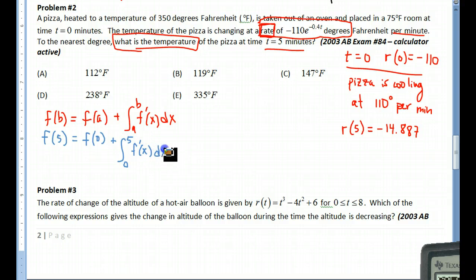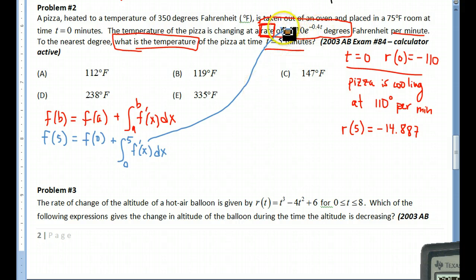Now, when we're looking at f prime, that's going to be what equation? It's, well, I wouldn't say original, it's this changing equation. Remember how I was telling you, you need to think of f prime as how something is changing?